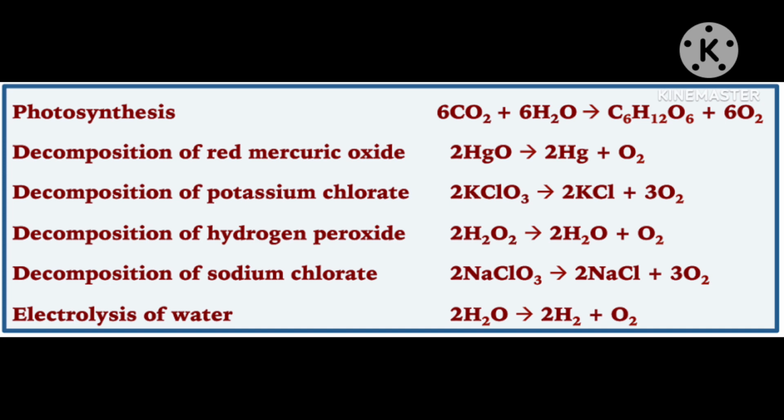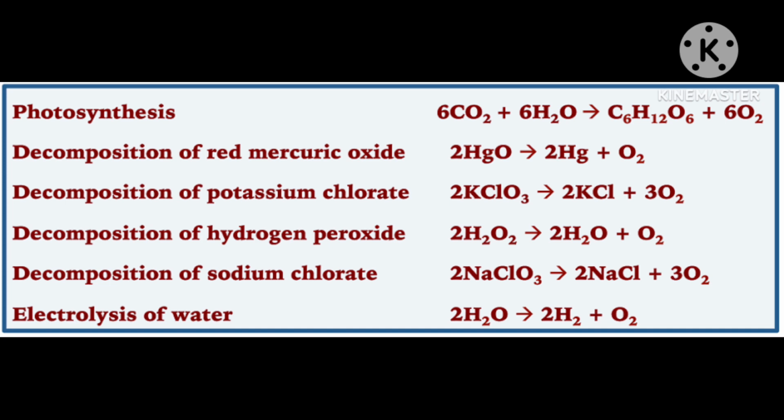Chromium has plus 6 oxidation state. V2O5, same way you can calculate. O5 means minus 10, so 2V is equal to plus 10, then V is equal to plus 5. Here vanadium has plus 5 oxidation state. So in a higher oxidation state, metals also show acidic character.